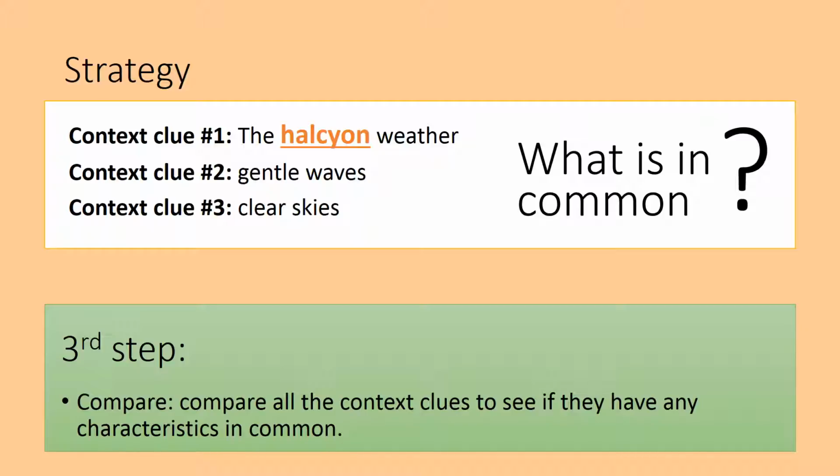Now, based on these three clues, go ahead and take a guess on what they have in common and what they can possibly mean. Go ahead, try. Okay, you probably came across something of maybe good or quiet, even beautiful. So let's see if any of these have anything in common with the answer choices provided.